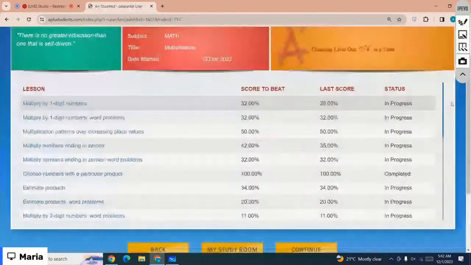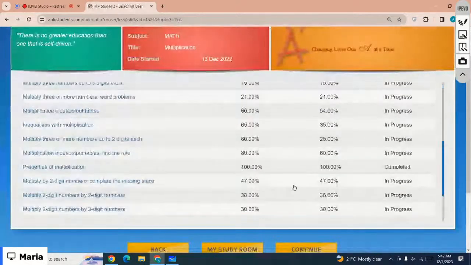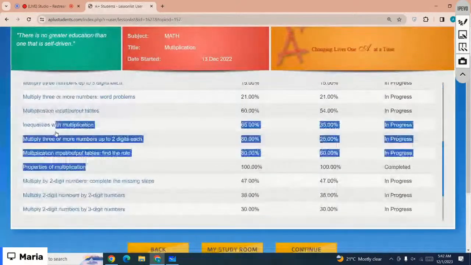And the lessons we have covered today are inequalities with multiplication, multiply 3 or more numbers up to 2 digits each, multiplication input output tables, find the rule, and properties of multiplication, right?